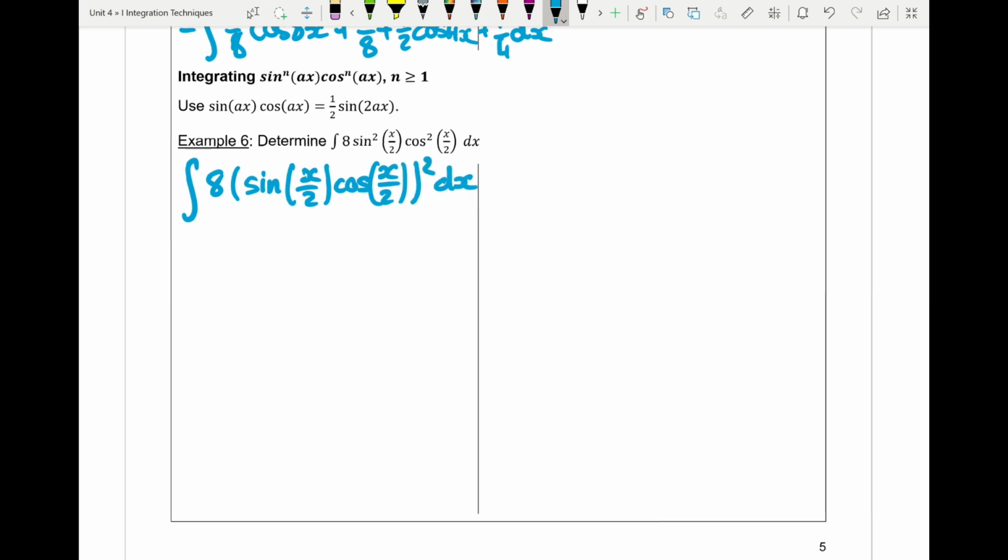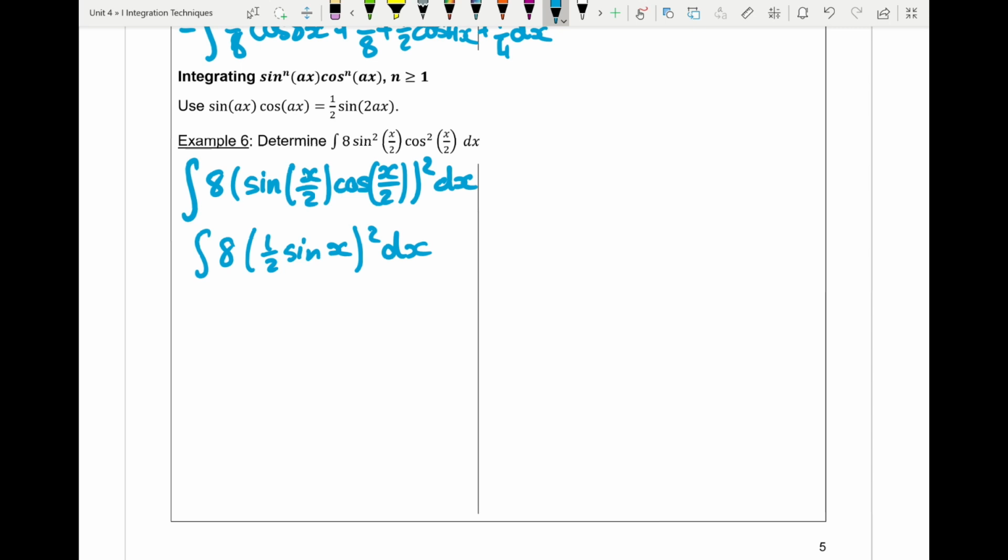So that is just going to be the square of a half sine of 2ax. Well, in our case here, a is a half, so this is just going to become a half sine of x all squared with respect to x.